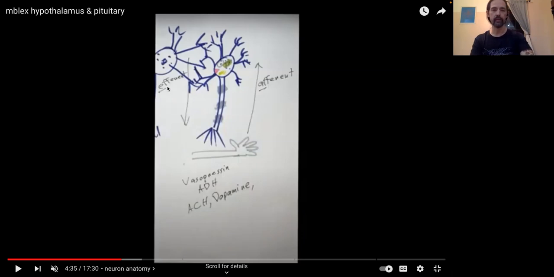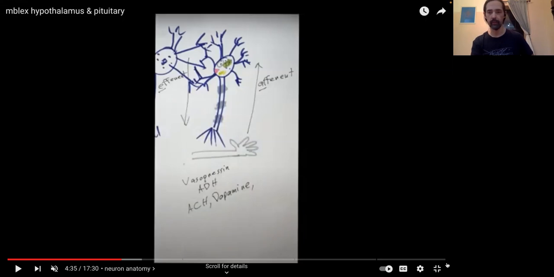Efferent refers to impulses that go out from the central nervous system to the effector organs. Afferent refers to impulses that go from the effector organs into the central nervous system.